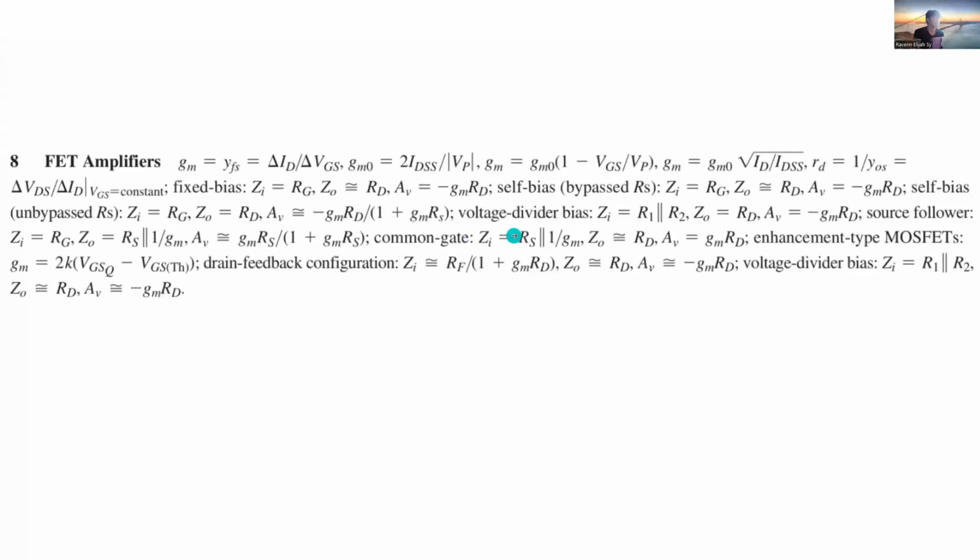Then finally the voltage divider: input, output, and the source follower, and all the other significant equations that will be used in FET amplifiers for AC analysis in electronic devices and circuits.